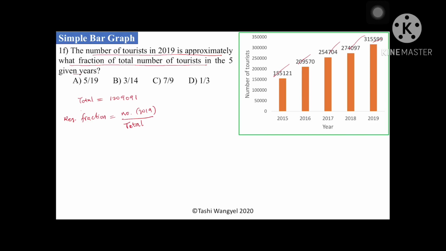The number of tourists in 2019 is approximately what fraction of the total number of tourists in the 5 given years? The total number of tourists in 5 given years, and the number of tourists in 2019, 315,599, over the total number of tourists in 5 given years, 1,209,091. That fraction into 100, using the calculator in fraction mode.